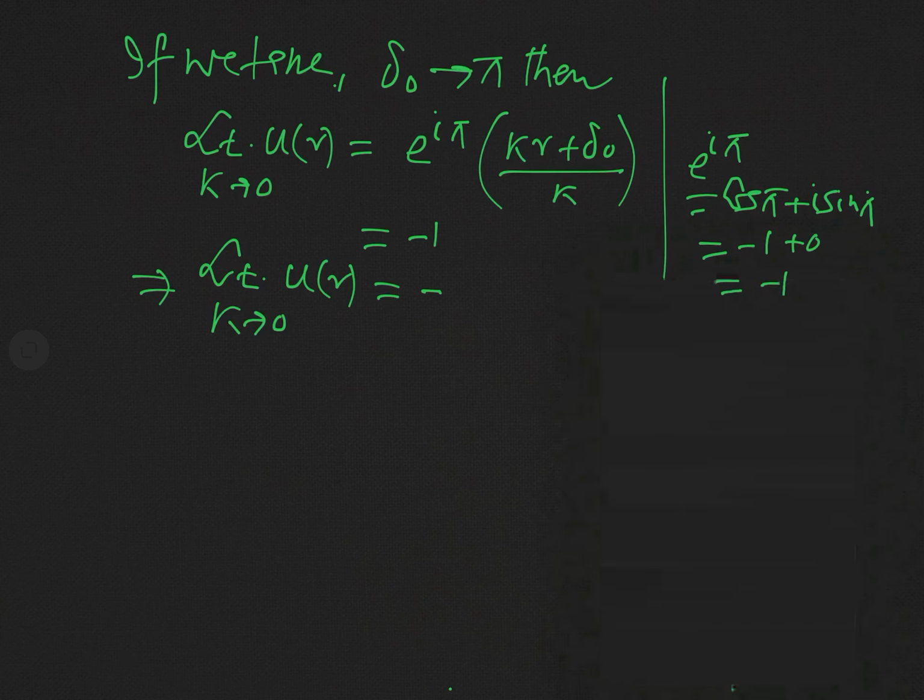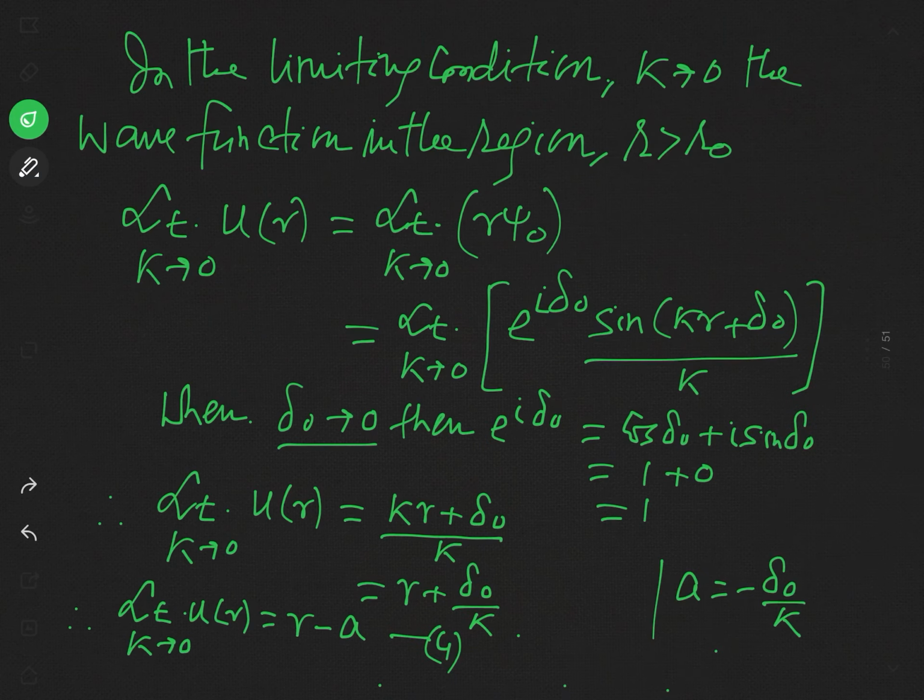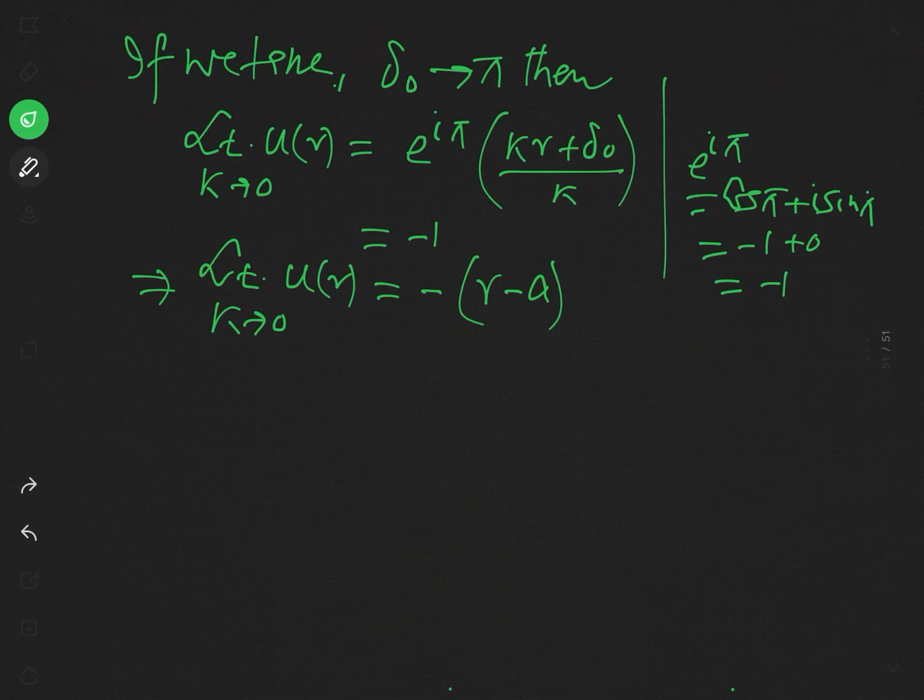Let us again divide these two terms by k, and substitute minus a in place of delta naught by k. So this result will be simply minus r minus a. And this is in fact equation 5.